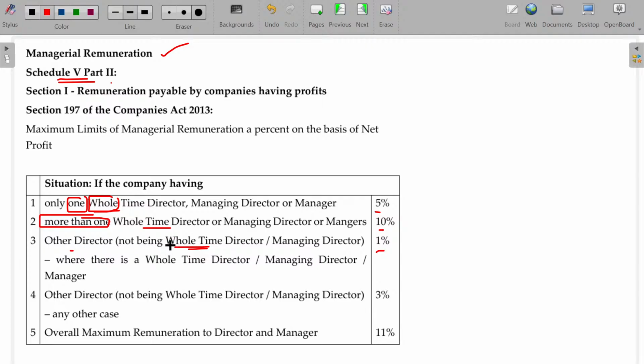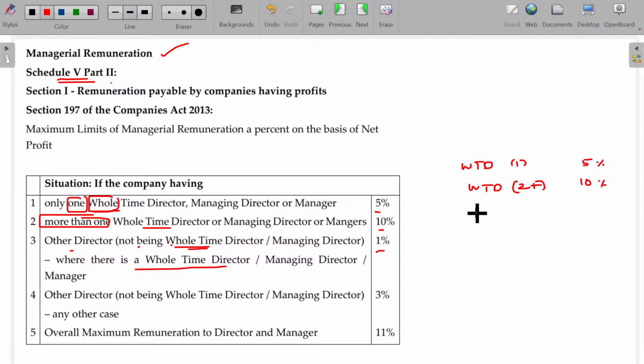So we have whole-time directors also. Whole-time director only, one whole-time director, then 5%. Whole-time directors, 2 and more, then 10%.